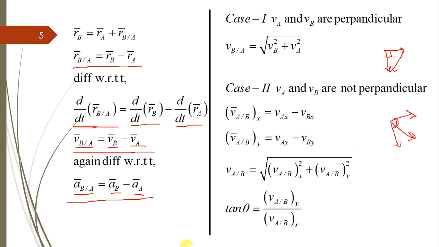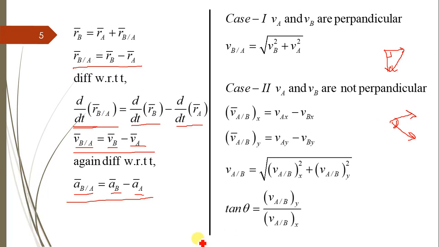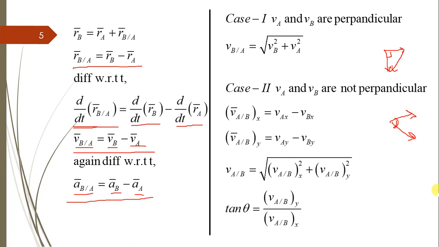It means that here, if this is vector A and this is vector B, then these vectors A and B get resolved into components along the x and y directions.